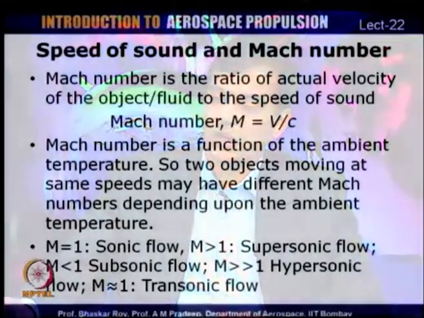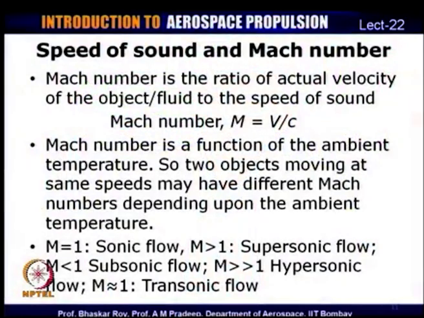Now, depending upon Mach number, if Mach number is equal to 1, such flows are known as sonic flows. If Mach number is greater than 1, the flow is known as a supersonic flow. If the Mach number is less than 1, it is called a subsonic flow, and if Mach number is much greater than 1, usually greater than 5, we refer to such flows as hypersonic flows.